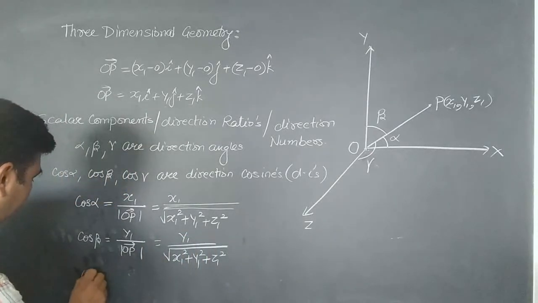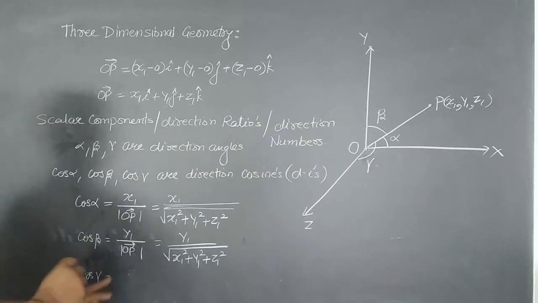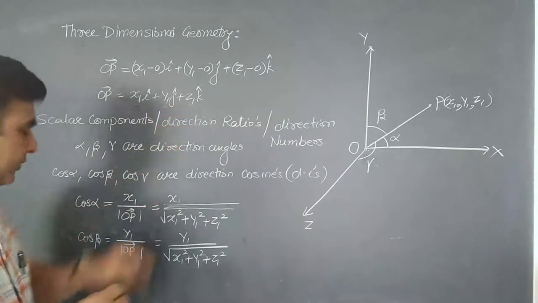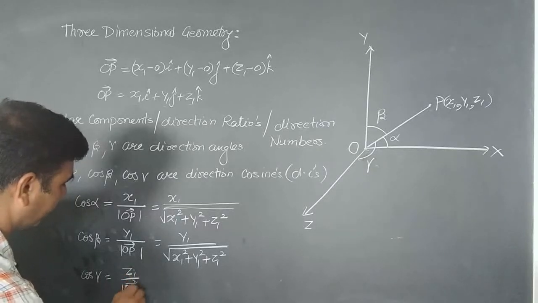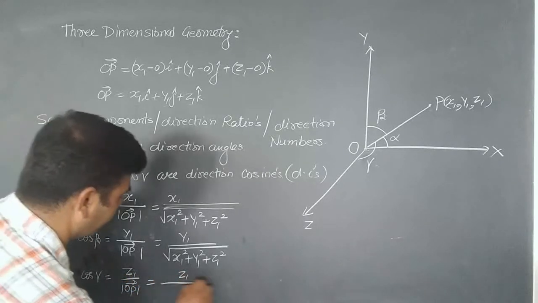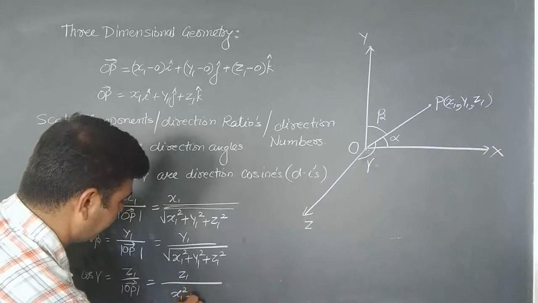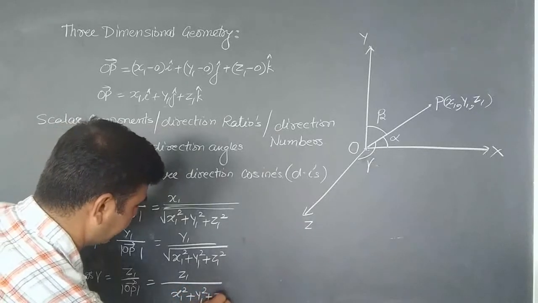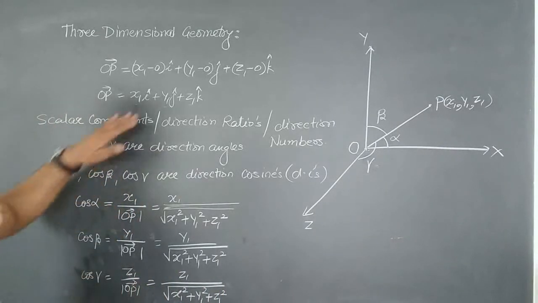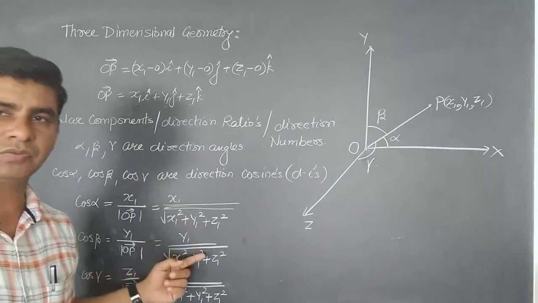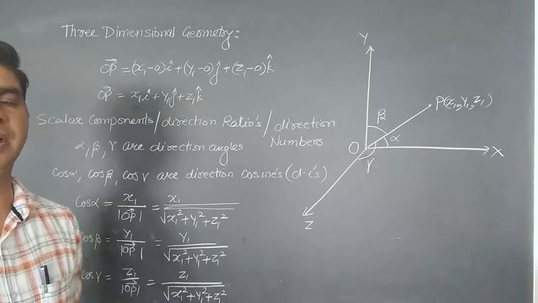And last is cos gamma, and this is given by the direction ratio along the z-axis, which is z1, over the magnitude of OP. And further it can be written as z1 over the square root of x1 square plus y1 square plus z1 square. So these are the direction cosines of a vector along the x-axis, y-axis and z-axis.